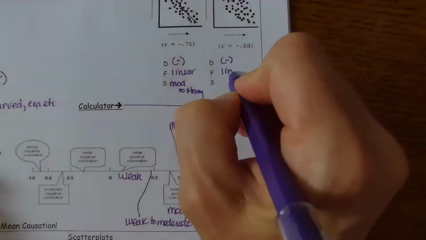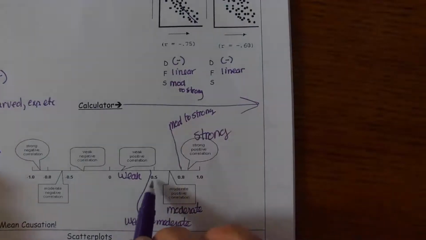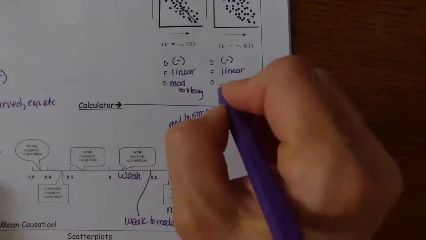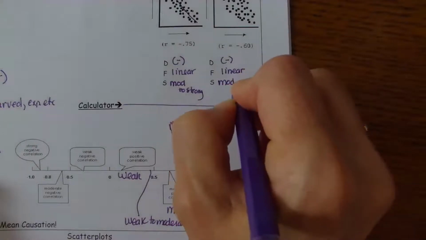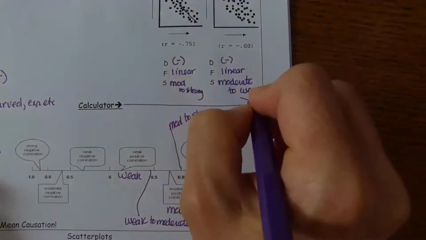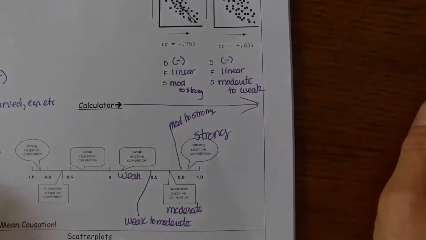It's still linear. Strong, weak. What is this one? Yeah, above 0.5 is kind of moderate, but this is weak to moderate, right? Or moderate to weak, whichever way you want to write that. Does that make sense? Is that good?